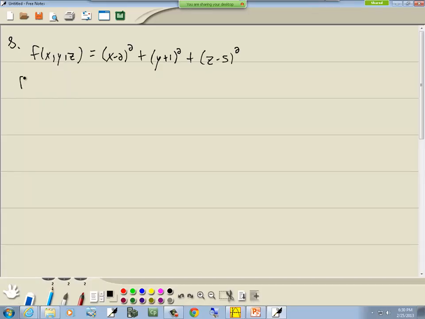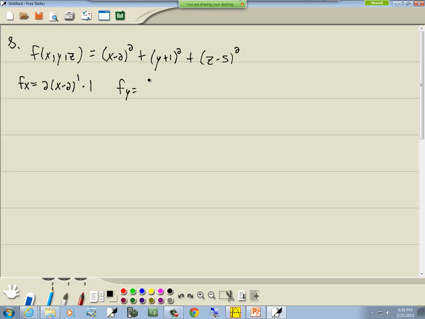If we find the partial with respect to x, the y and z would drop away. For the derivative of (x minus 2) squared, take your power, put it out in front, lower your power by 1, and multiply times the derivative of what's inside the parentheses, which is 1.